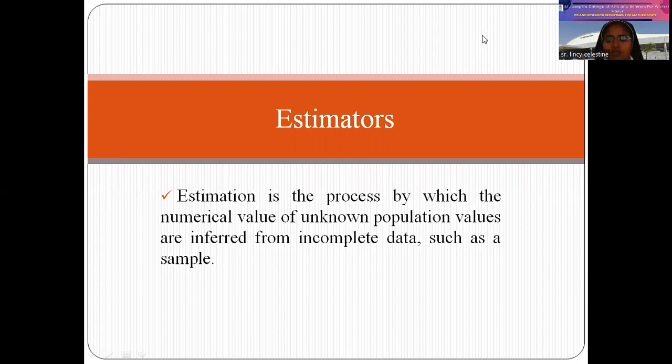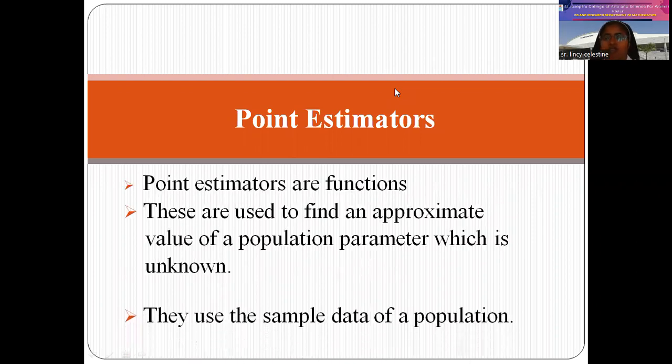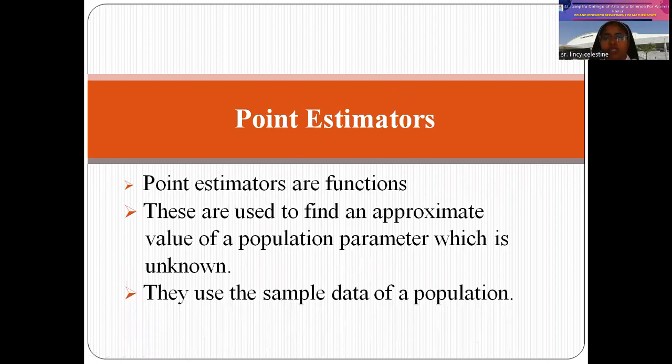Next, we are going to see about point estimators. Point estimators are functions used to find an appropriate value of a population parameter which is unknown. For the unknown variables, we have to find the estimators. For this, we are using point estimators.